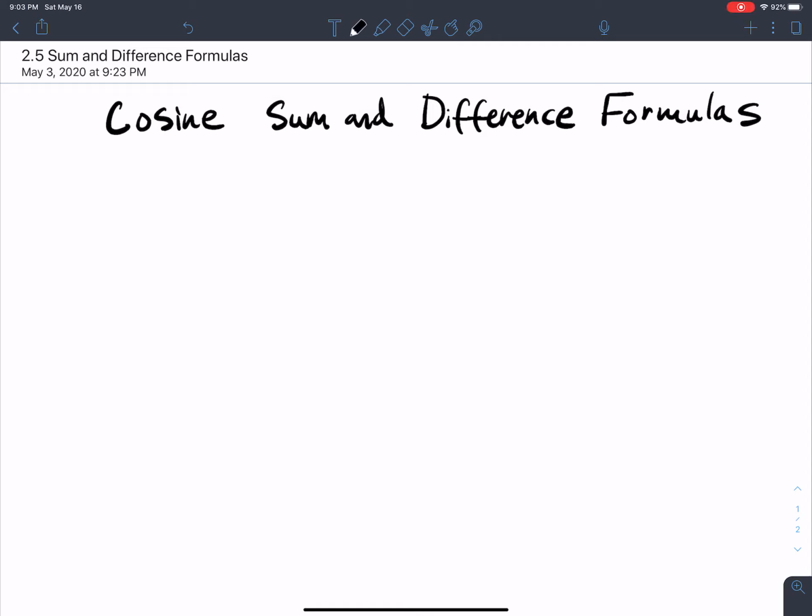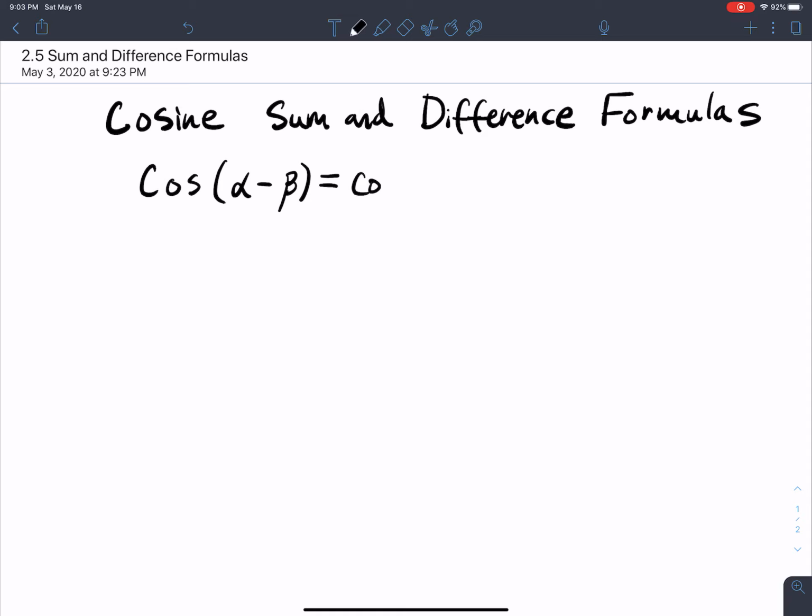So in this video, we're going to derive the cosine sum and difference formulas. Those identities are as follows. We've got cosine of alpha minus beta. Alpha and beta are just angles.